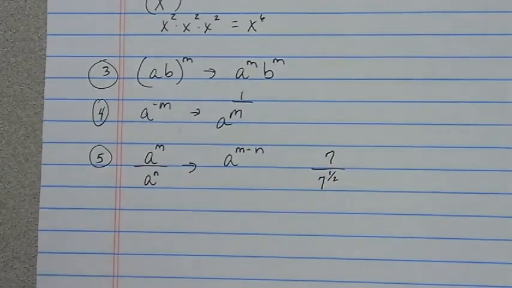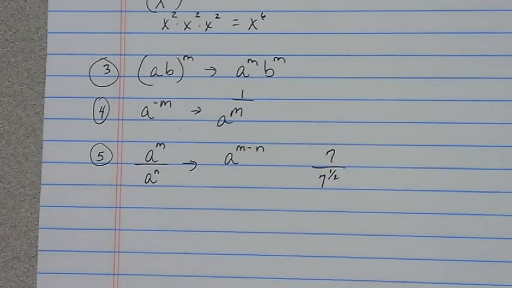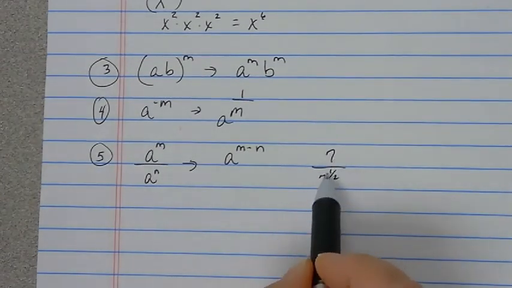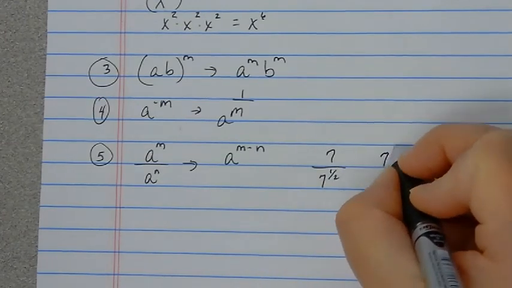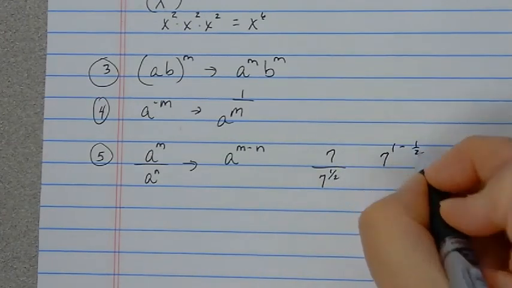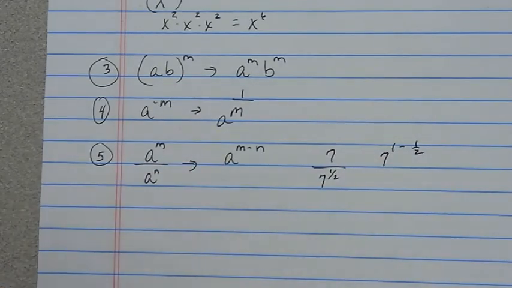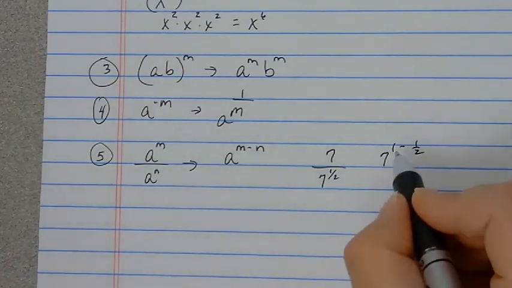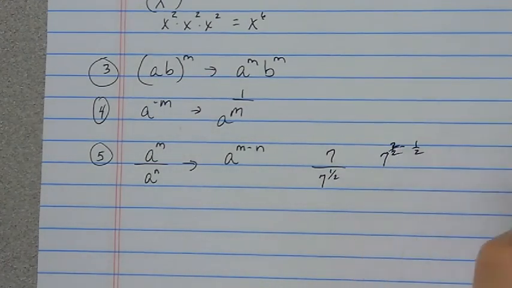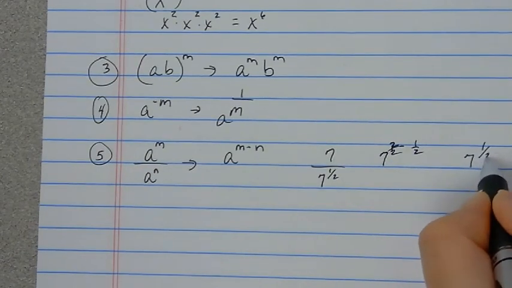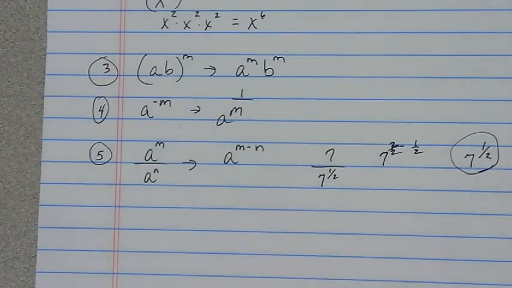In this particular case, I'm going to have to subtract the exponents. Notice they have the same base number. So this is going to be 7 to the first power minus 1/2 power. I know you know this is 1/2, but I want to remind you that when you subtract fractions, you have to get a common denominator. So I would turn this 1 into 2 over 2. So it'd be 7 to the 1/2 power. And we'll do more examples of that one as well.